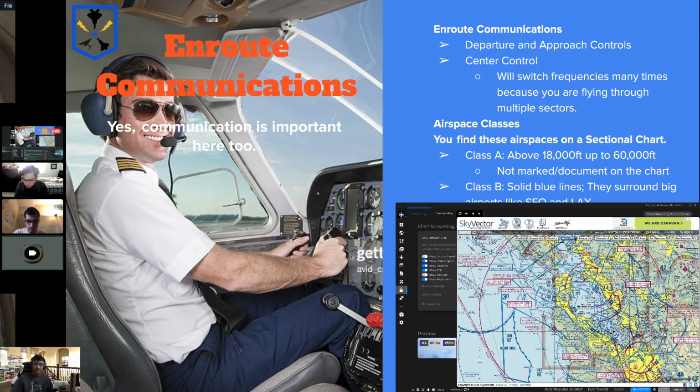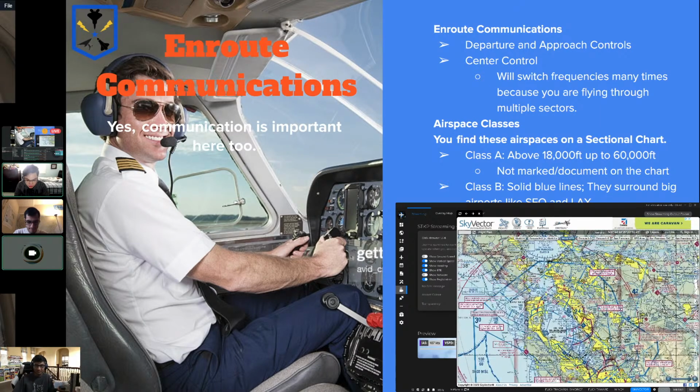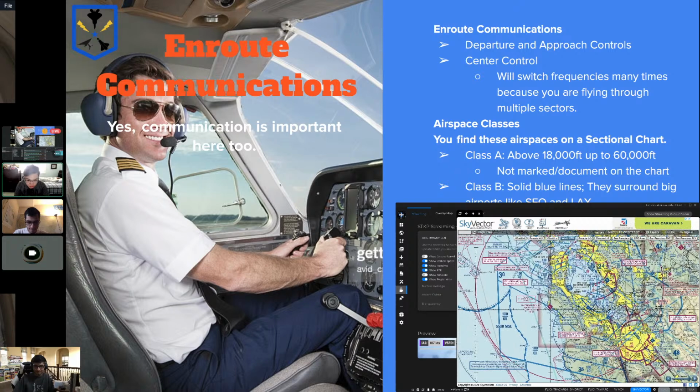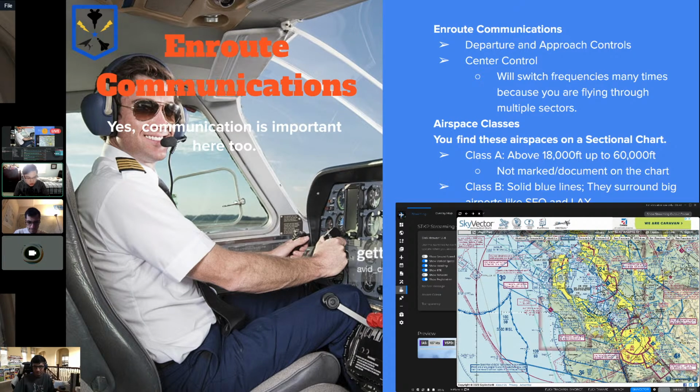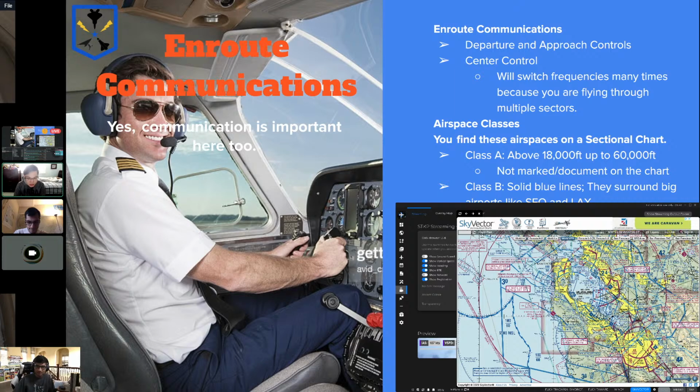So yeah, that's a Class Bravo airspace. San Francisco gets a lot of traffic and needs all this airspace around it. Bravo airspace is important to know because general aviation pilots are not allowed inside Class Bravo airspace unless you get a clearance. The clearance will be like, "November 172 Sierra Papa, you're cleared into San Francisco's Class Bravo airspace."